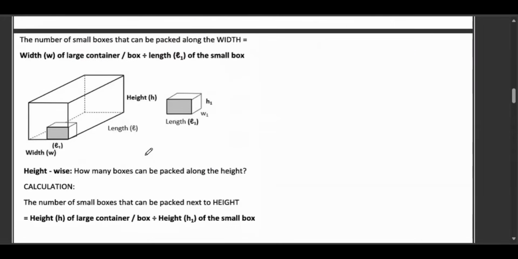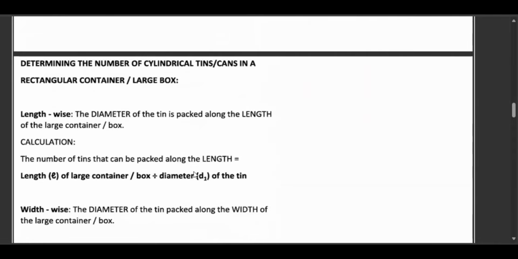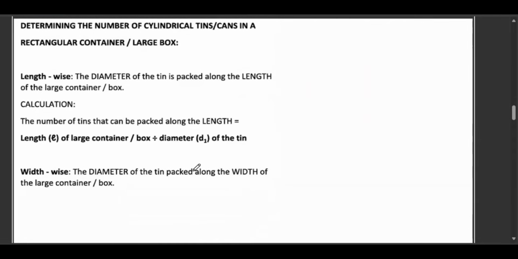We continue and we look at that. This one, the same story. What about if you're to pack cans? If you're to pack cans, you understand? Cans are packed into a larger box.